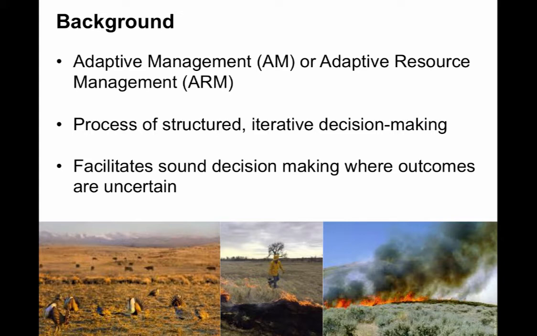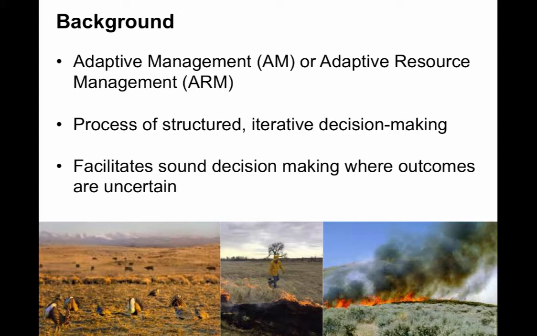So this is basically the opposite of applying a restoration treatment and walking away. And where this can be important is that adaptive management really helps facilitate sound decision making, where outcomes are often uncertain, which is often the case in ecosystem restoration.